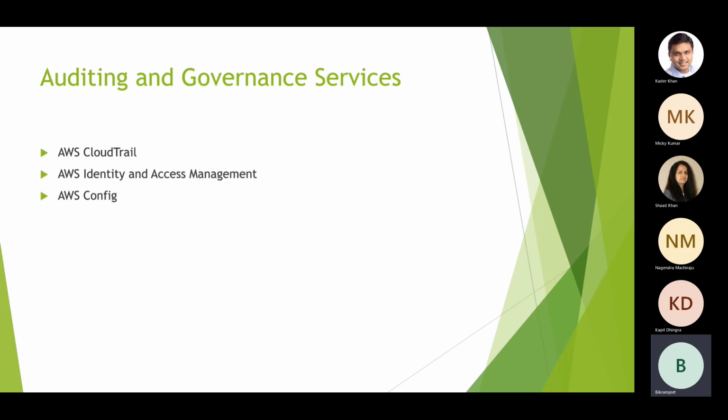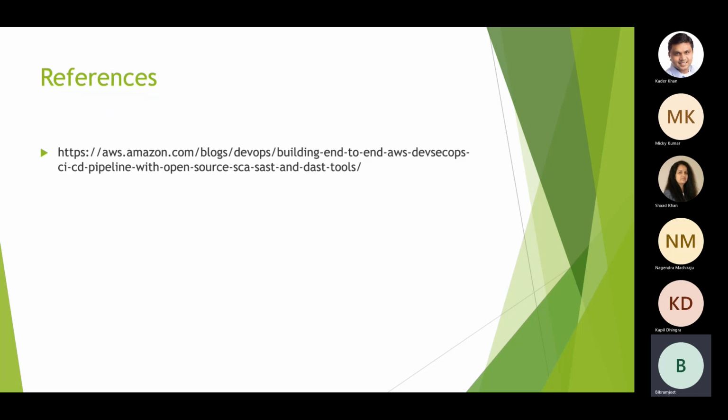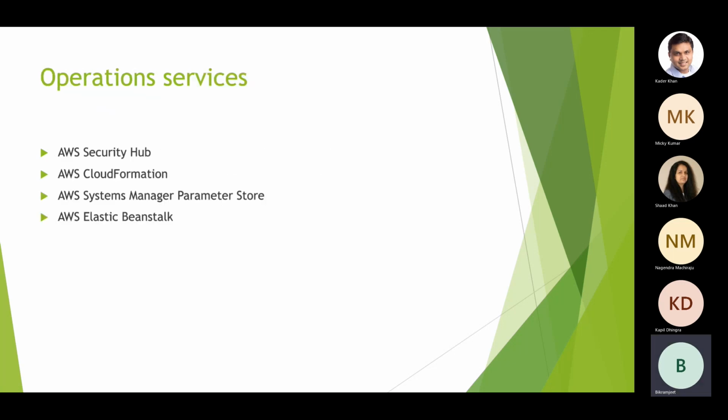And we did cover auditing and governance services, which are CloudTrail, IAM, AWS Config, and operations services, Security Hub, CloudFormation, SSM, Elastic Beanstalk. So these are some of the commonly used services offered by AWS.